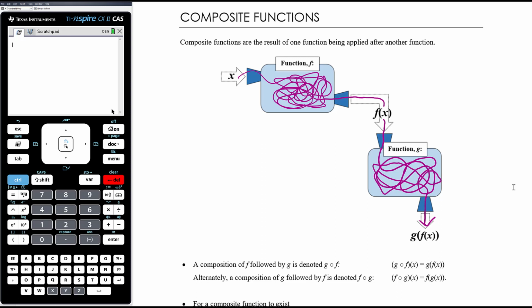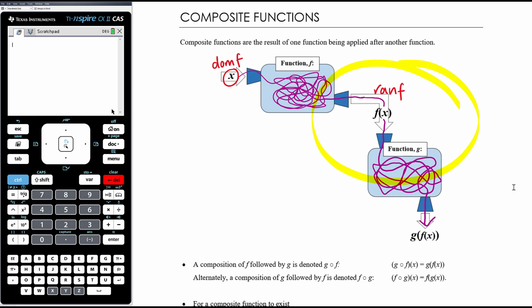There's a really important moment that happens here that we need to ensure works correctly in order for the composition to exist. These x values that we start with, we call the domain of f, and they get subbed into f. F turns them into new numbers, which we call the range of f.